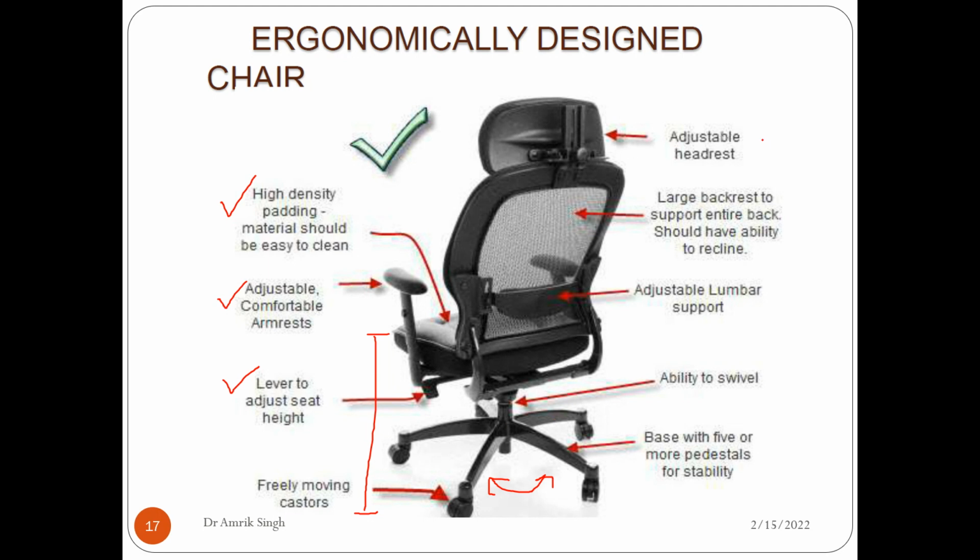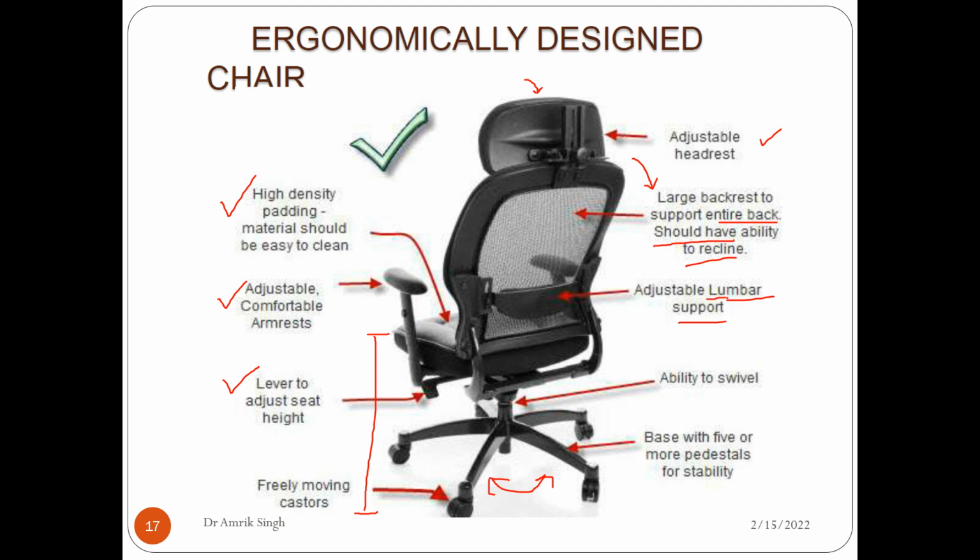Now there should be an adjustable headrest so that the worker can sometimes lean on the backside. Then a large backrest. This should be large to support the entire back and should have the ability to recline. That means it should be able to move backward and then go forward when released. This reclining behavior is important. Now there should be adjustable lumbar support. What is this lumbar support?